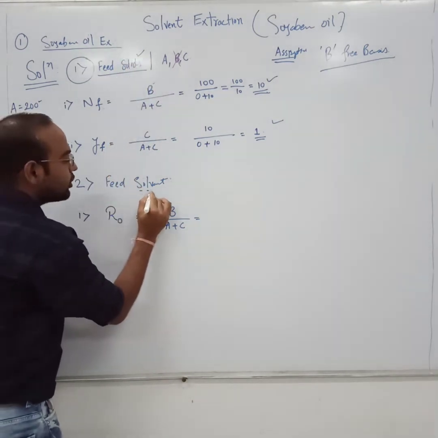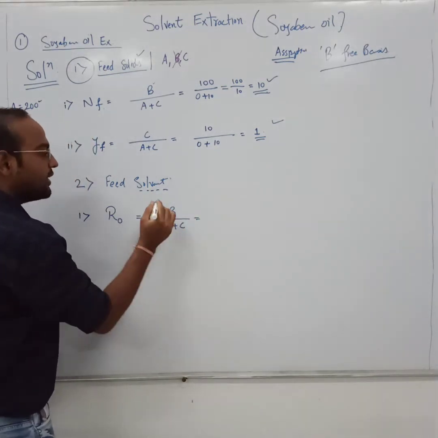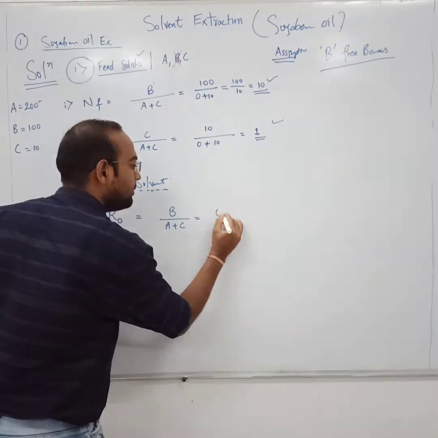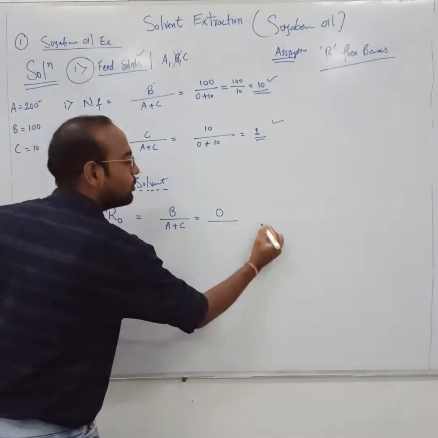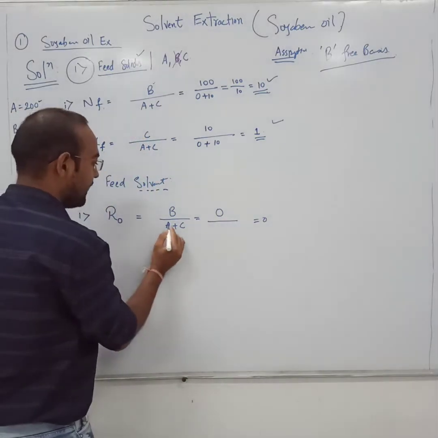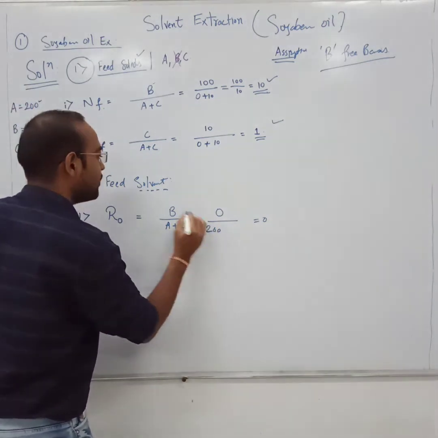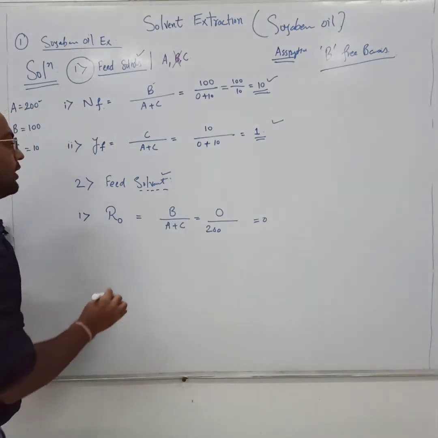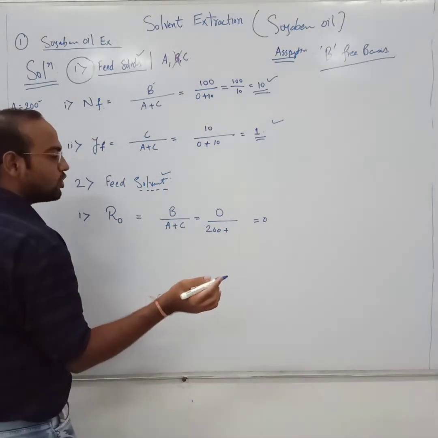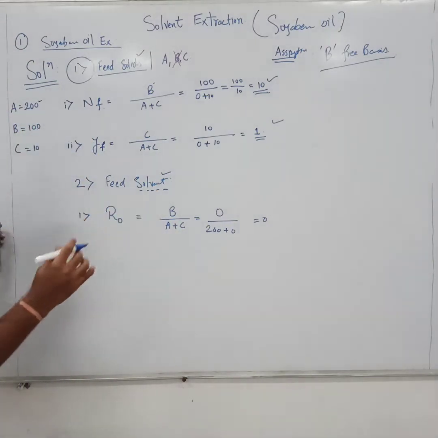Now we are focusing on our solvent. Our solvent is fresh, there is no insoluble material present in it, so B becomes 0, and once your numerator is 0, the value becomes 0. But A becomes 200. Why 200? Because we are calculating things for our feed solvent. Again, how much oil is present in our solvent? 0, because our solvent is fresh.